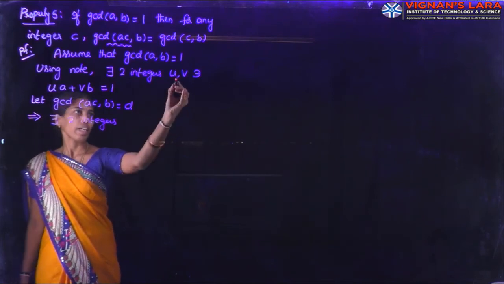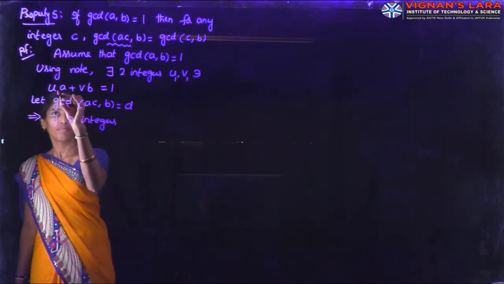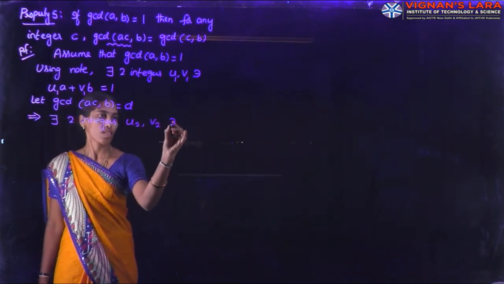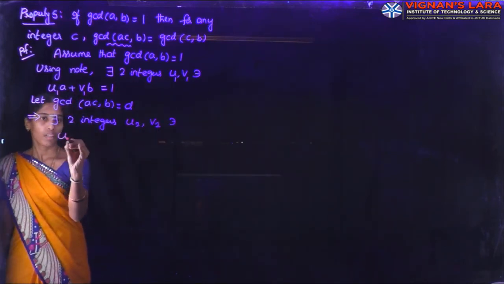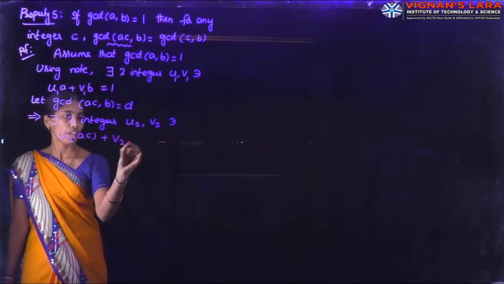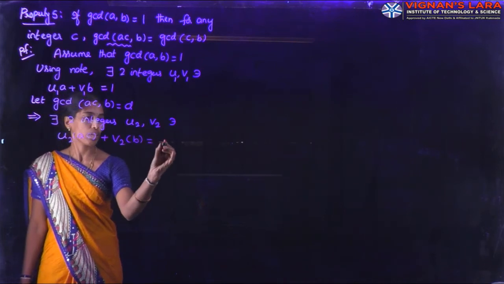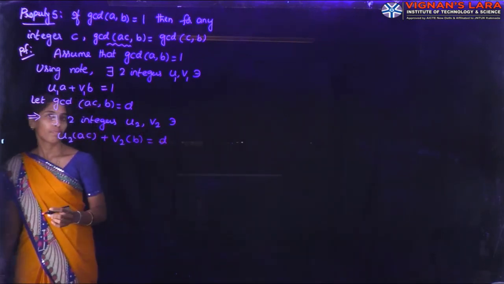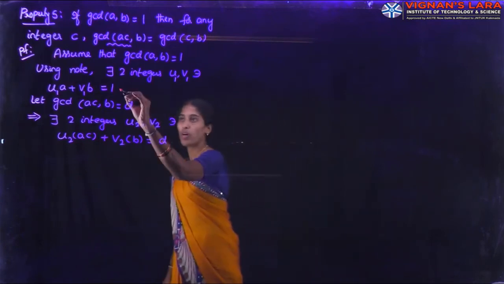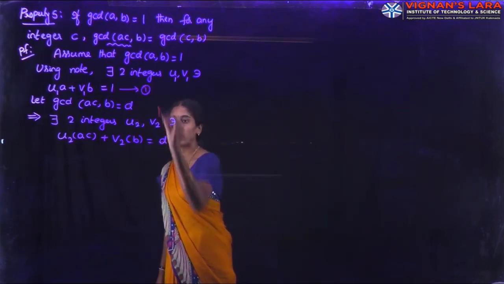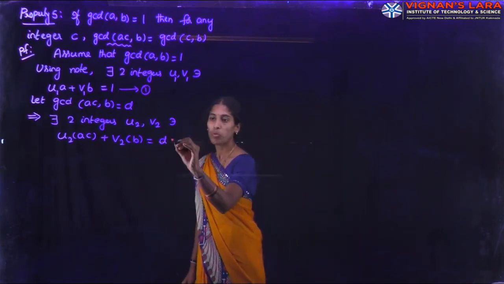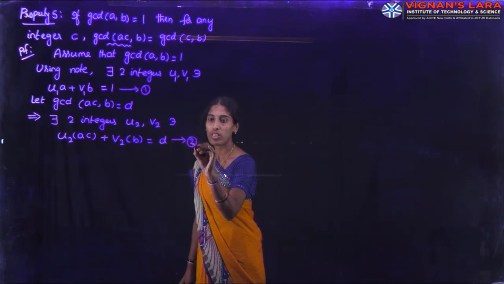Here we take U1, V1, and here we consider U2, V2 such that U2 into AC plus V2 into B equal to D, right? So, U1A plus V1B is equal to 1. Already we have this one. Let it be equation 1. U2AC plus V2B is equal to D, which is equation 2.